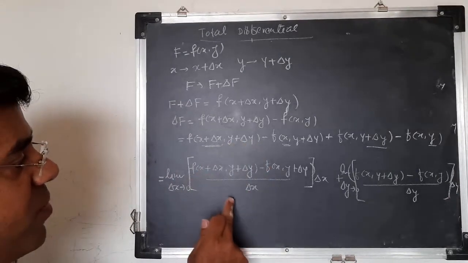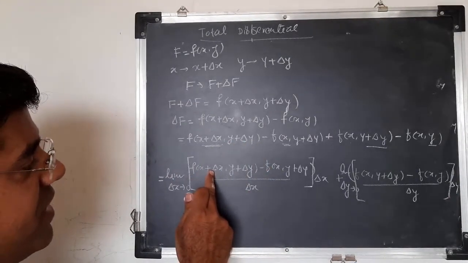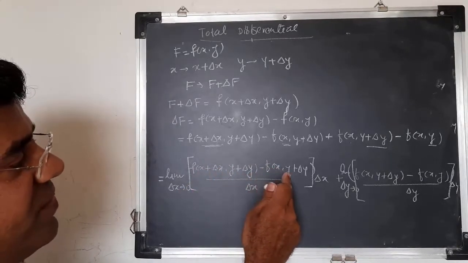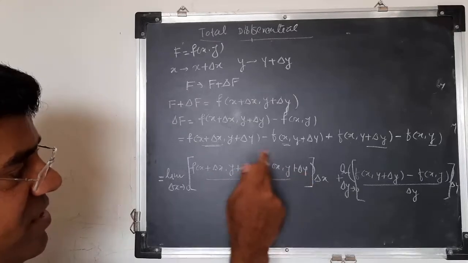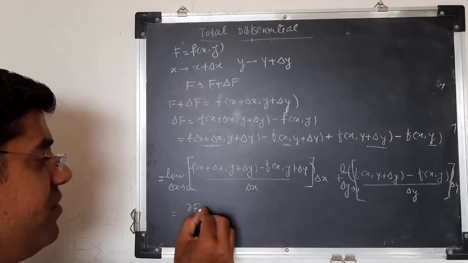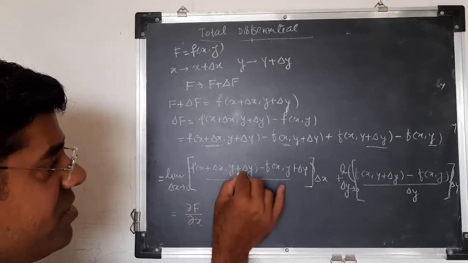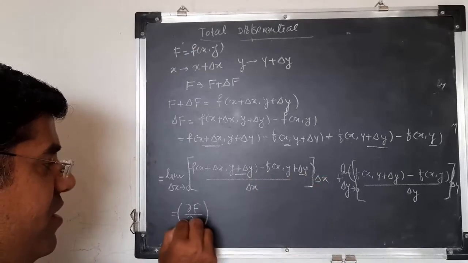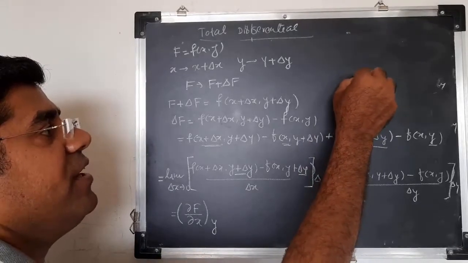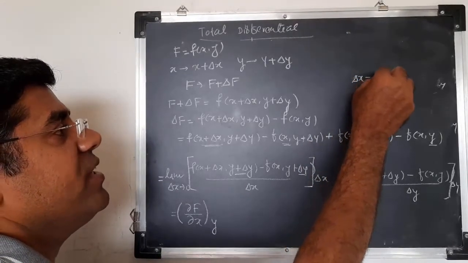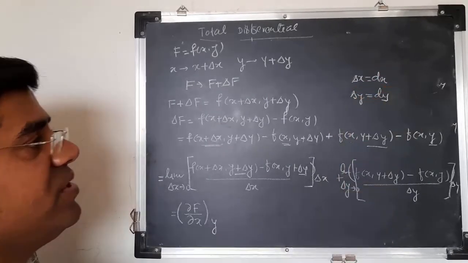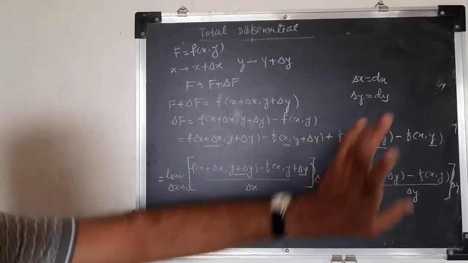This is the change with respect to x, the partial differentiation with respect to x. So according to the definition we can write delta f by delta x, where y is constant. Delta x is equal to dx, and delta y is equal to dy. This is for a good approximation.